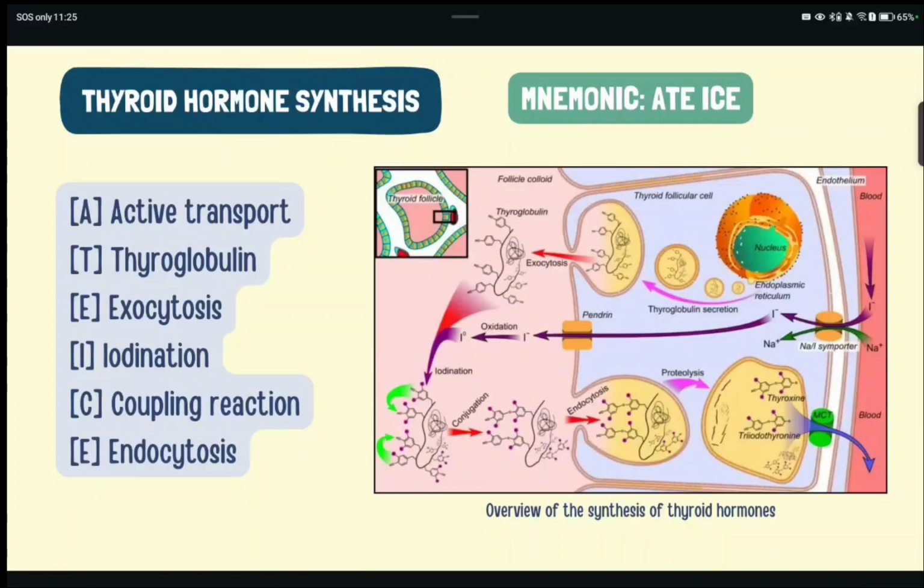A stands for active transport, T for thyroglobulin, E for exocytosis, I for iodination, C for coupling reaction, and E for endocytosis. On the right-hand side of the slide, you can see the overview of the synthesis of thyroid hormone.